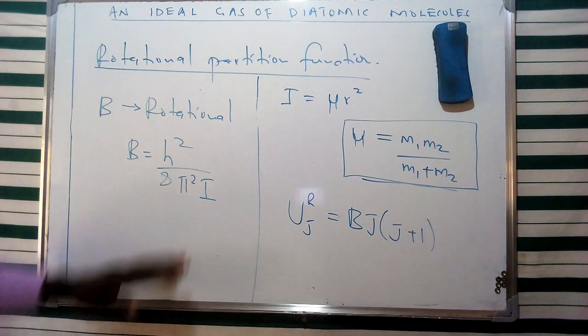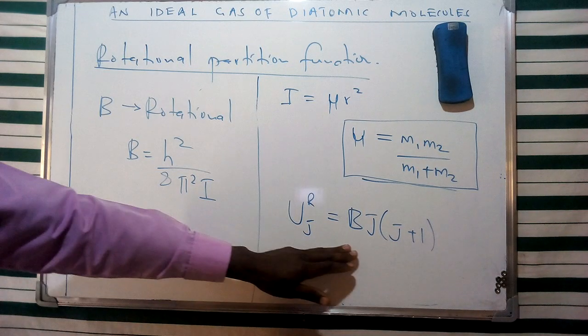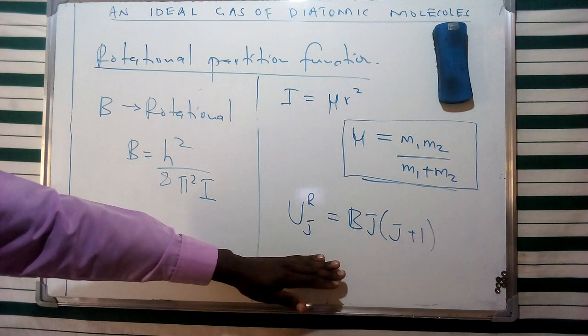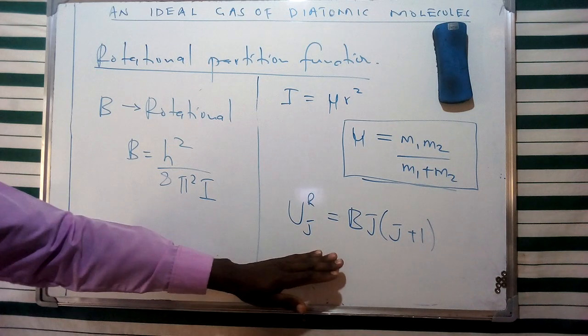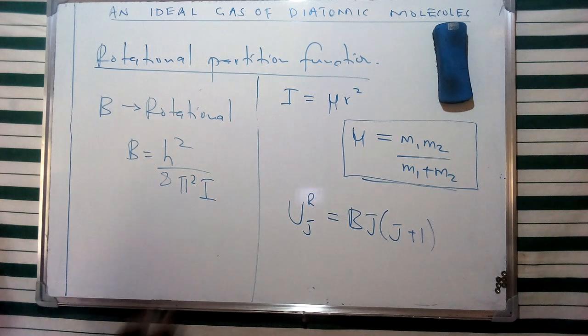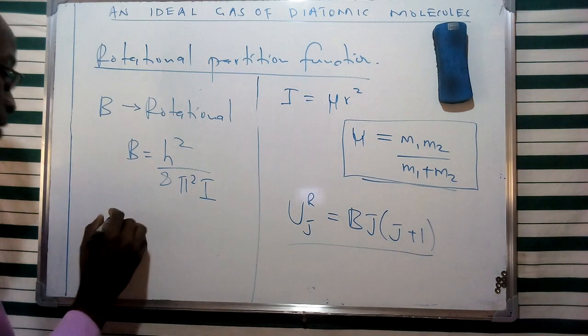So we're going to use this specific rotational constant in trying to describe the energy of this particular molecule, given by the Schrodinger's equation, which we have given as this specific point.